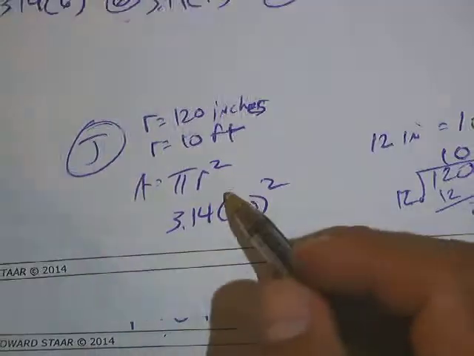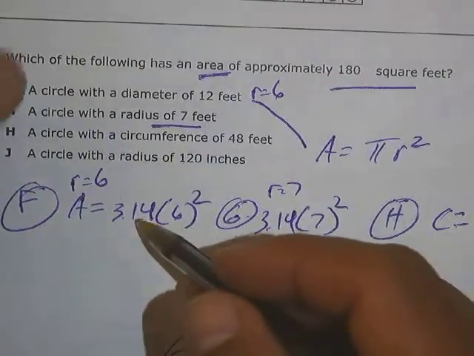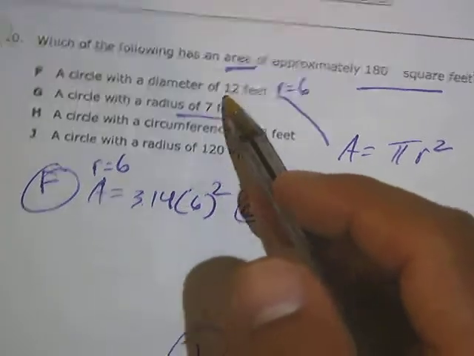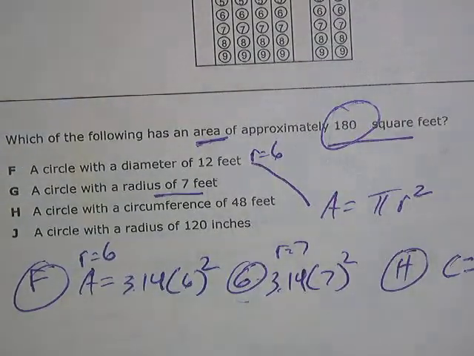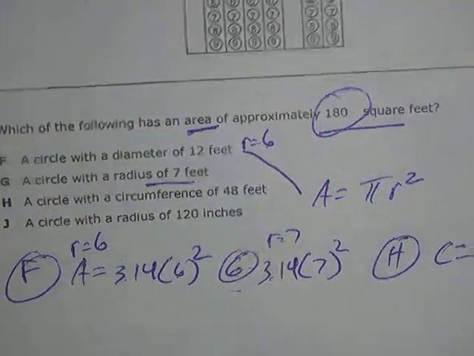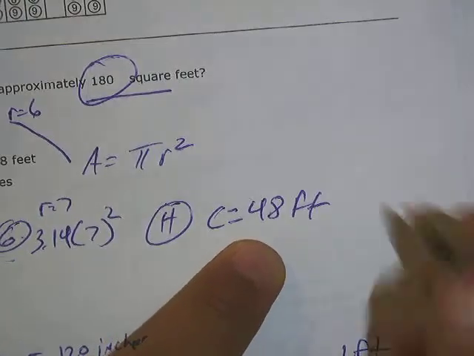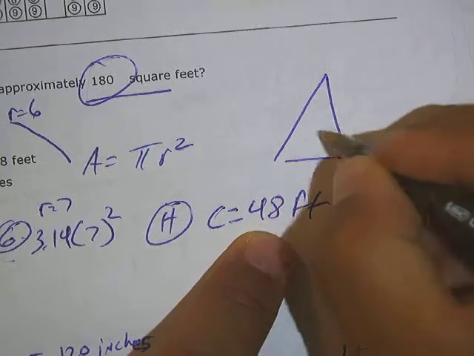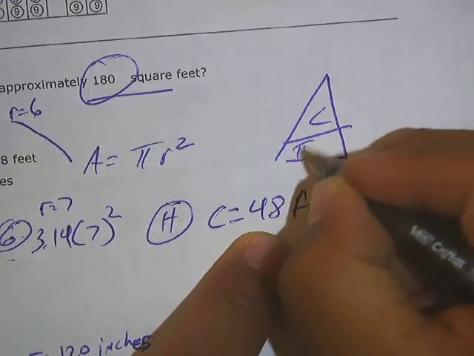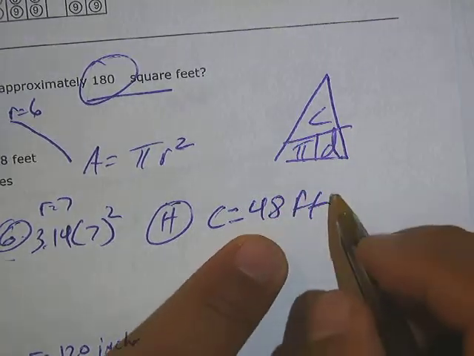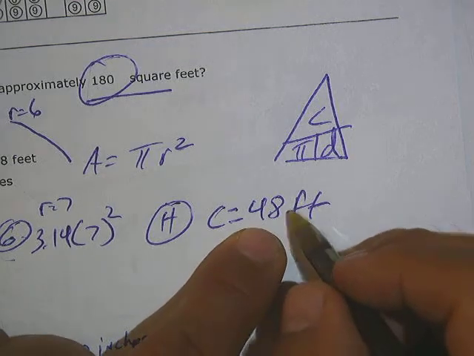That means we have 10 feet, so my radius here is 10 feet. And so then I can go here, area is equal to pi times radius squared, which is 3.14 times 10 squared. And so now you figure this out, and this out. One of them has to be close to this, 180.